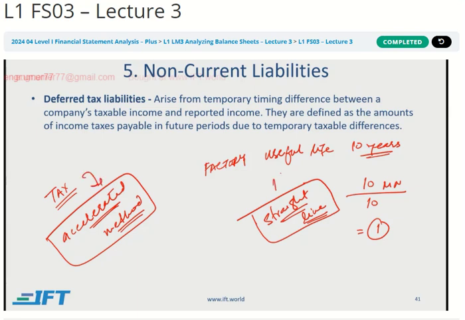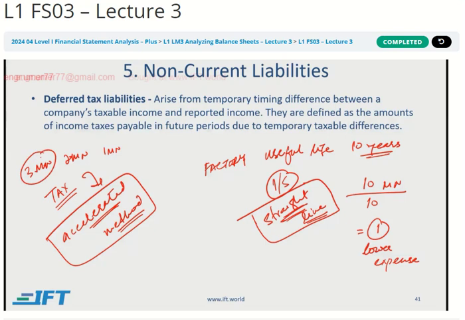But maybe for your own internal records, you're going to be maintaining your income statement with a straight-line depreciation expense. Straight line is going to be a lower expense in the earlier years. If you are going for accelerated, maybe in the first year you will go for 3 million, then 2 million, and then you will come to 1 million.